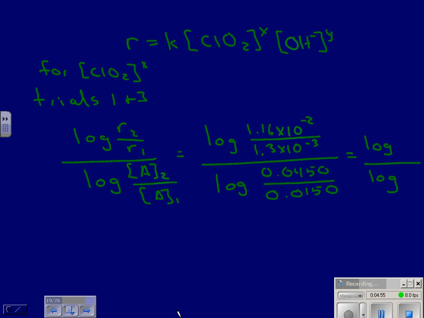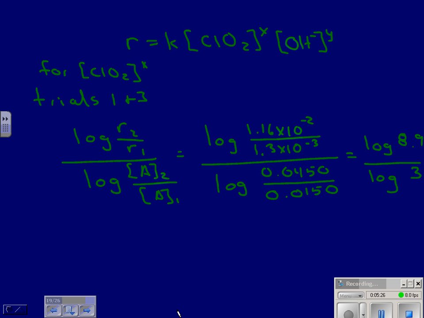What do we have for numbers there? Has anybody calculated those divisions? The top is 8.9. Yeah, that's 8.92? 8.9, very close to 9. And what's the bottom? 3.